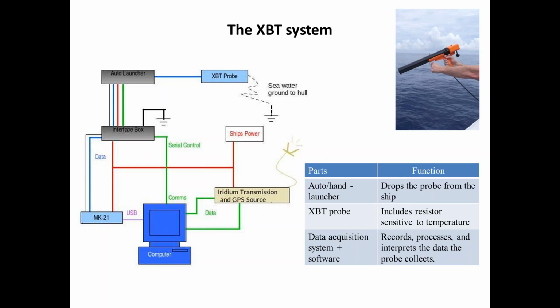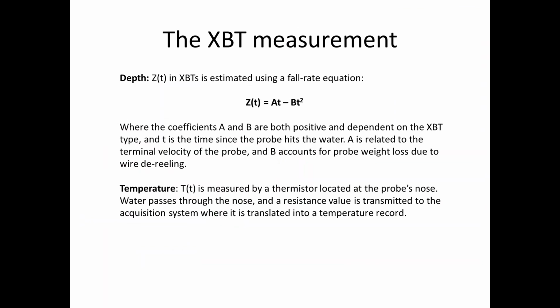It consists of a hand launcher or the auto launcher that drops the probe in the water, and it goes to an interface box and the data acquisition system that transforms the resistance or voltage signal into temperature. The XBT probe has one thermistor inside that is sensitive to temperature. So that's the whole system.